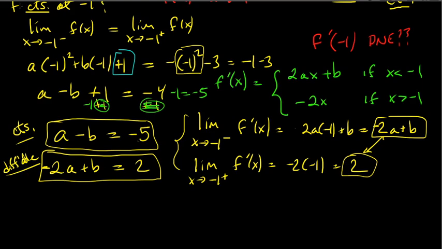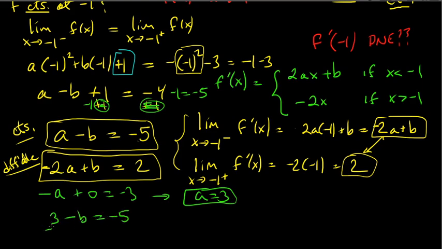All right. Sorry about that. I guess I'm just a little tired here. This is negative a plus 0 equals negative 3. So a is positive 3. And if a is 3, subtract 3 from both sides.